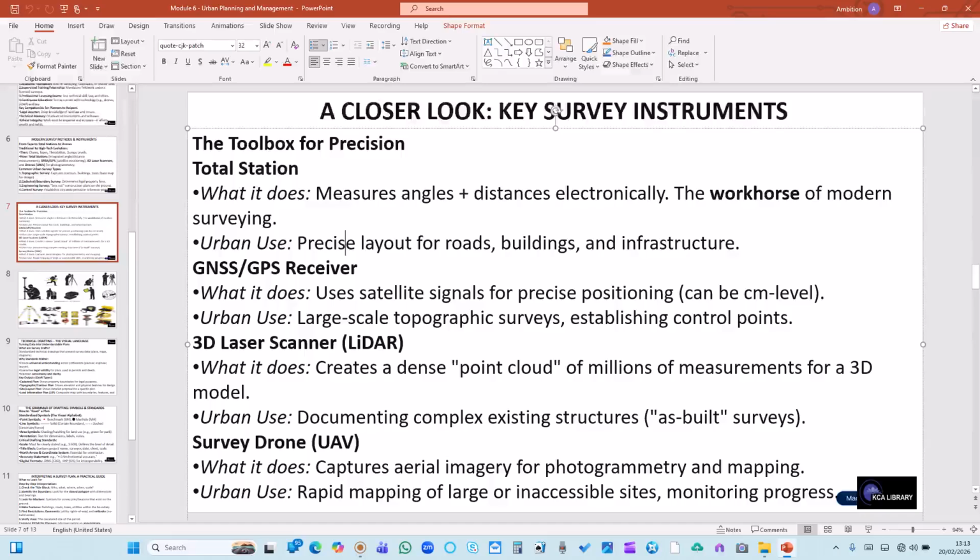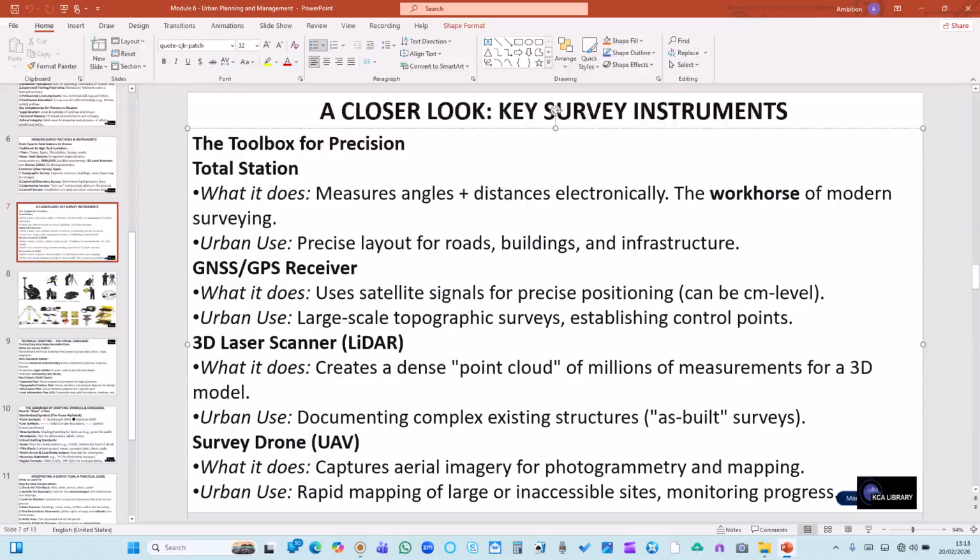Now we have the GNSS and GPS receiver. It uses satellite signals for precise positioning, which can be measured at centimeter level. Its urban use involves large-scale topographic surveys and establishing control points.